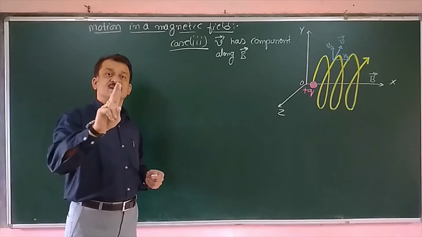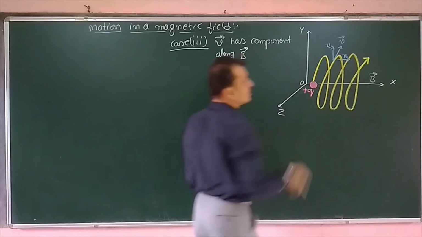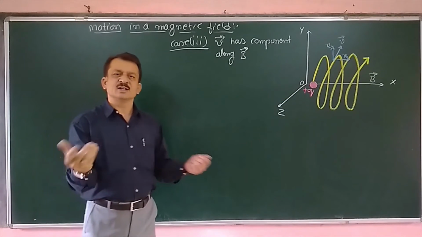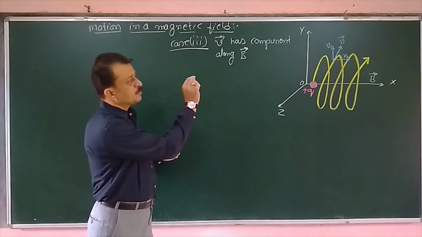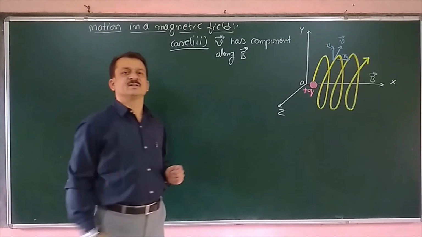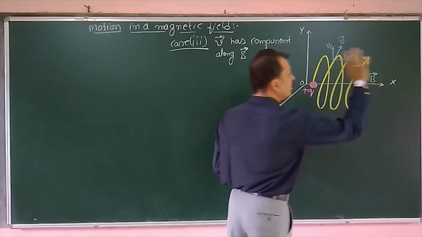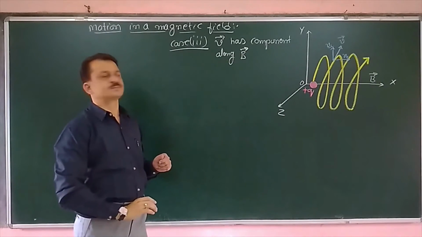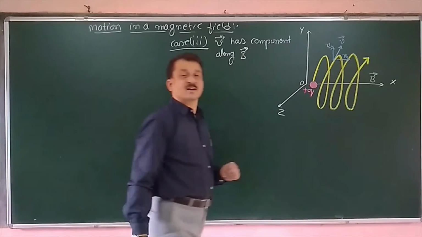As we have already studied the two cases, this velocity component, which is the parallel component, will not experience any magnetic force. Therefore that parallel component of velocity remains constant. That means the particle tends to move along the field direction. But the vertical component of velocity is there.